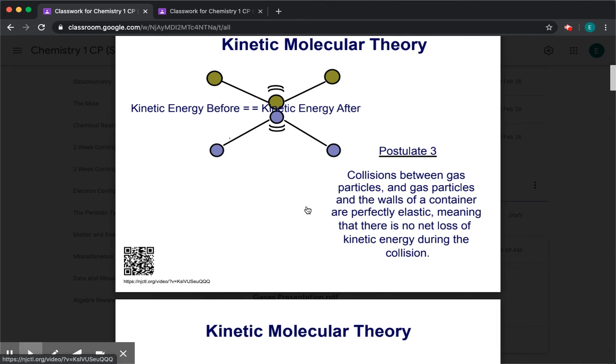Let me give you an example of that. Football. When you tackle somebody, you run into them or you collide with them, but you don't bounce off of them. You stick together. You tackle them, you grab that person, and you take them to the ground. That's an inelastic collision. An elastic collision, you assume that you have a perfect bounce and energy is transferred 100% perfectly without any losses.